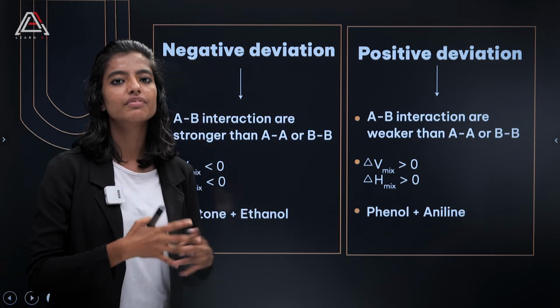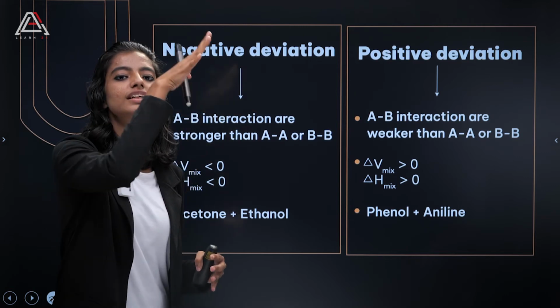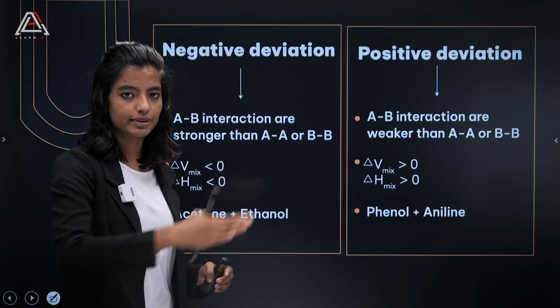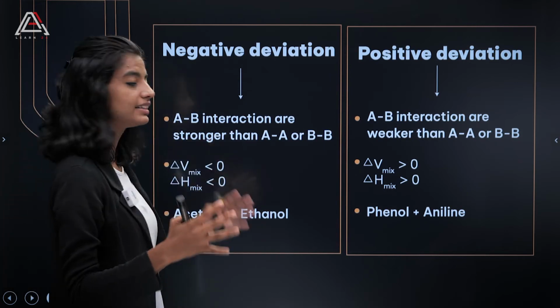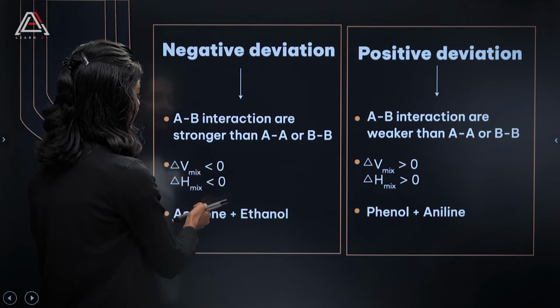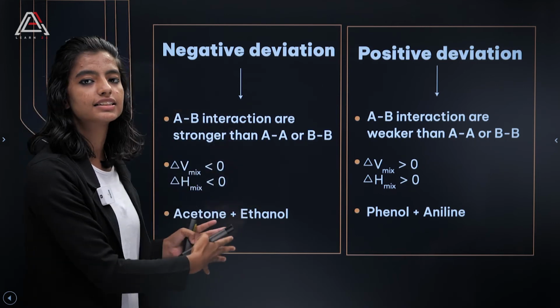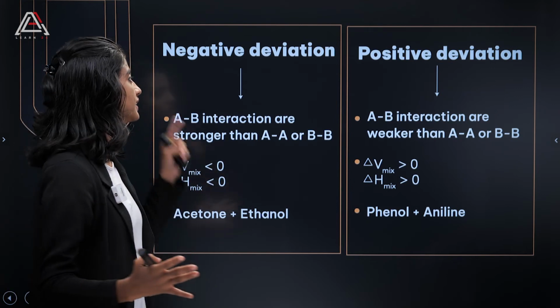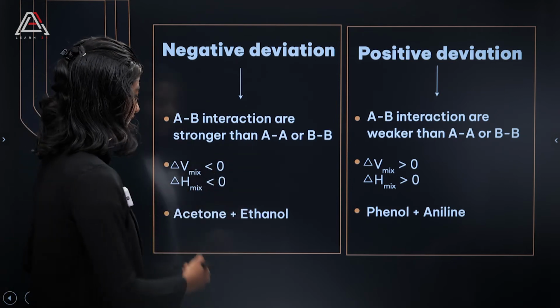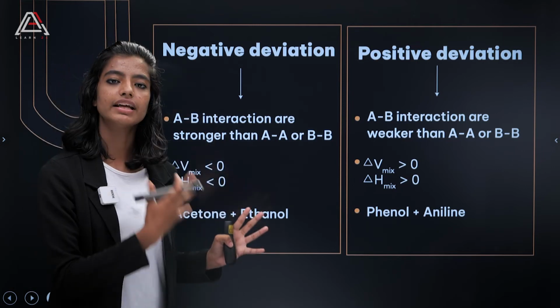Hence, the vapor pressure is lower since the AB interaction is very strong in nature. And delta V mix and delta H mix are less than 0, a negative value. So, the negative deviation. Acetone and ethanol is an example for negative deviation.